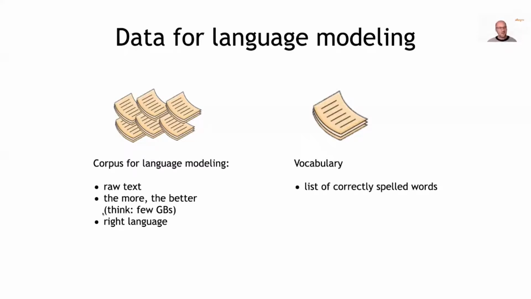And the other major component you need for your keyboard is a vocabulary, which is a list of correctly spelled words. This is needed for error correction. And this is essential because there is nothing worse in a mobile keyboard than when autocorrect changes what you wanted to type to something which you didn't want to type.